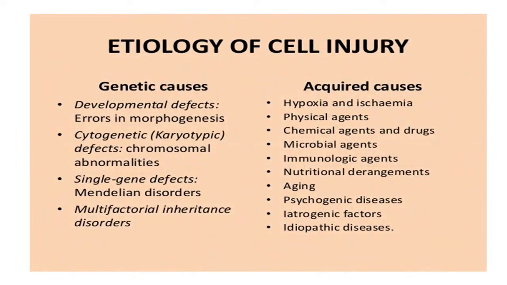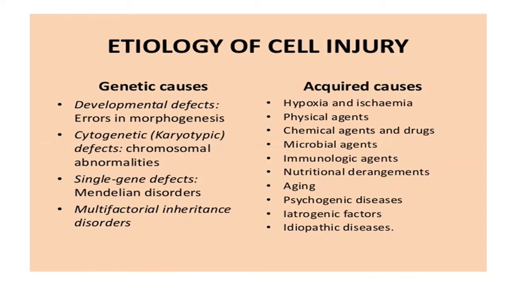Etiology of cell injury. What causes cells to get injured? Someone may ask. Genetic causes and acquired causes. With genetic causes, we may have developmental defects, errors in morphogenesis. Genetically, as we said, it is the responsibility of the DNA to be able to code all these. So we have 22 autosomes and one sex cell.